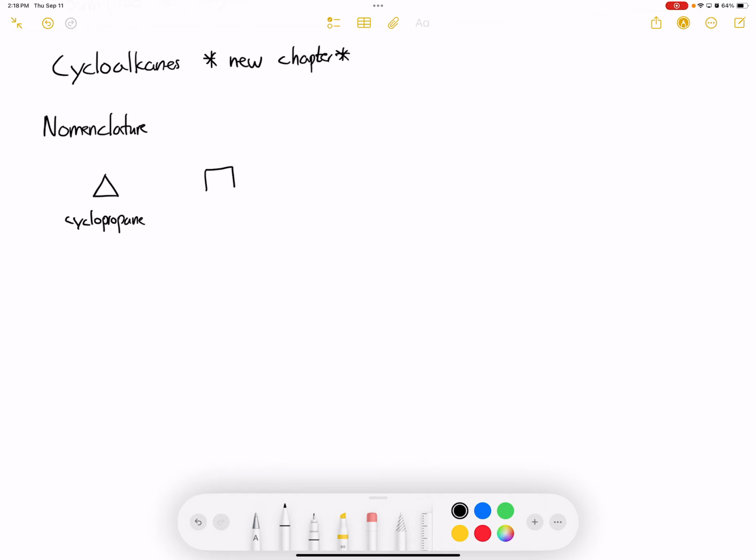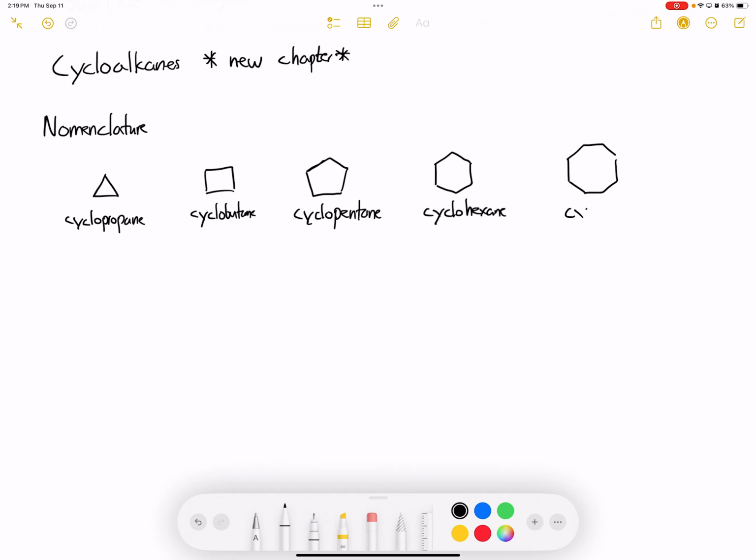Cyclopropane, the box, cyclobutane, the pentagon, cyclopentane, the 6-membered hexagon, and then 7, don't worry about 7, 8 is the stop sign or the octagon, cyclooctane.